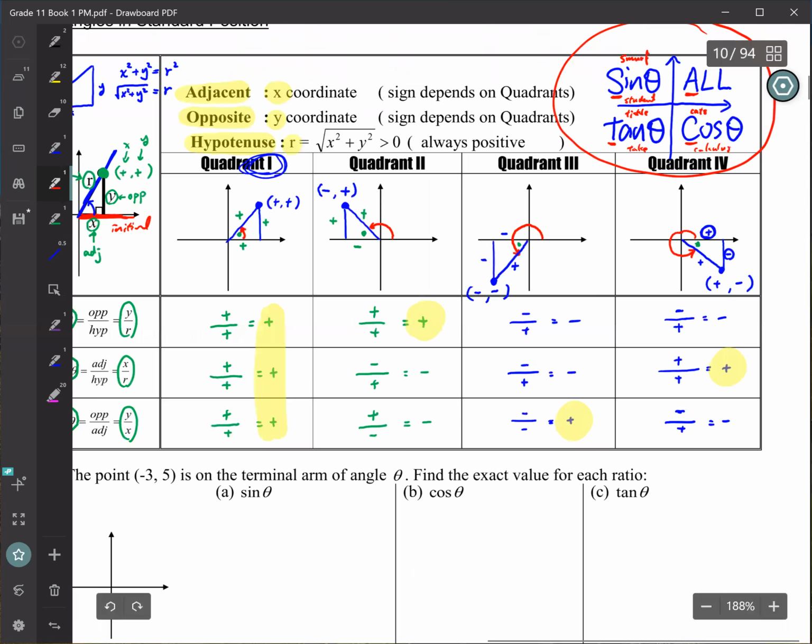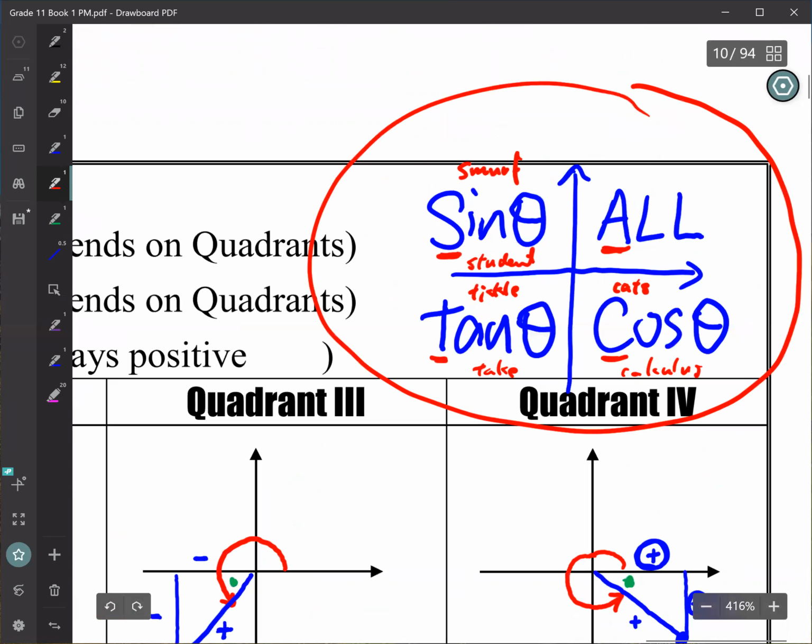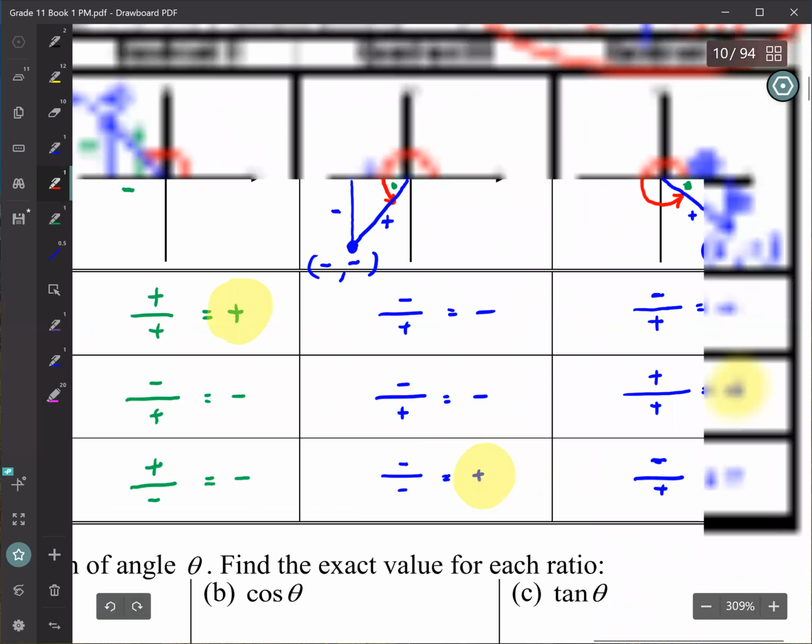Okay, let's look at the chart. Keep your mic on. You look at this chart, and do you remember my question? Sine positive. Oh, sine positive. 1 and 2. Yes, 1 and 2. The chart here is only about positive. So you think about positive, then the other places will be negative.